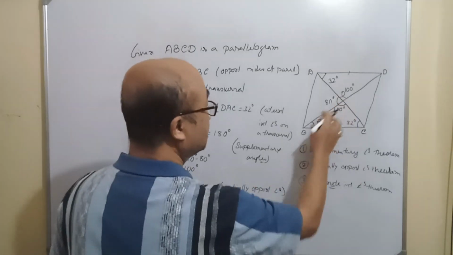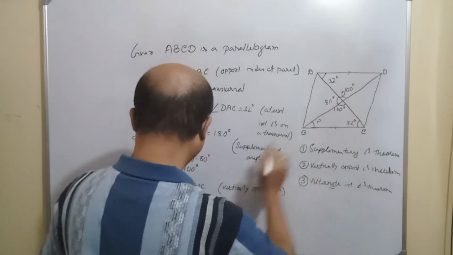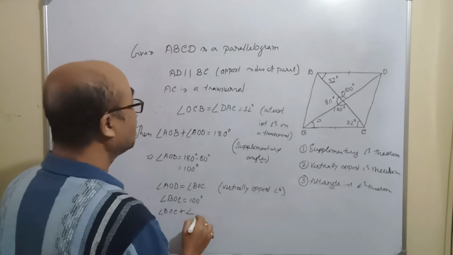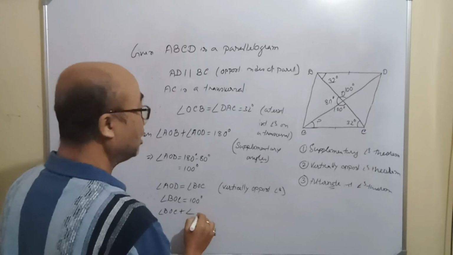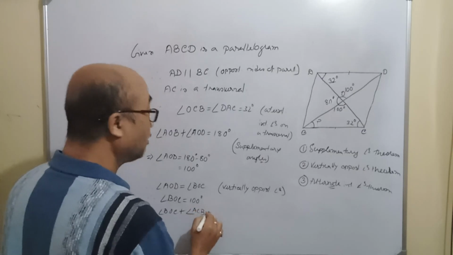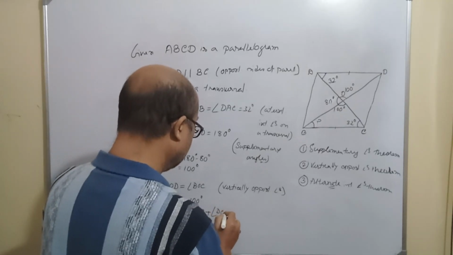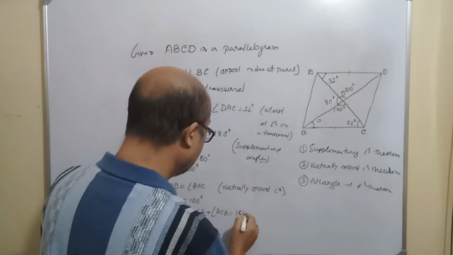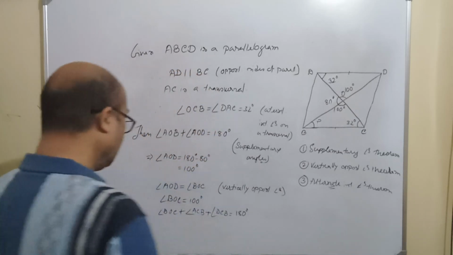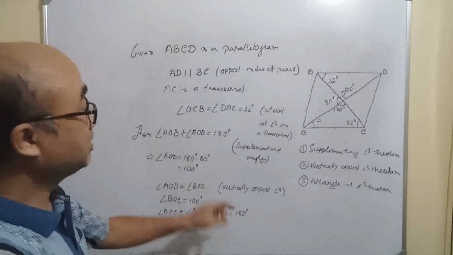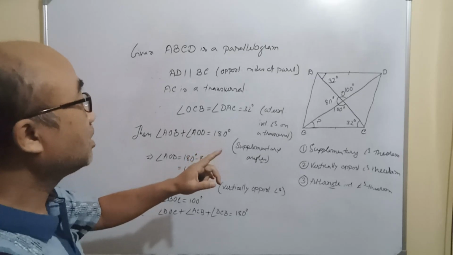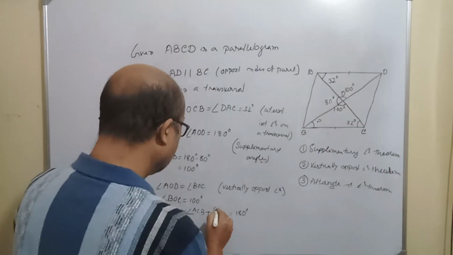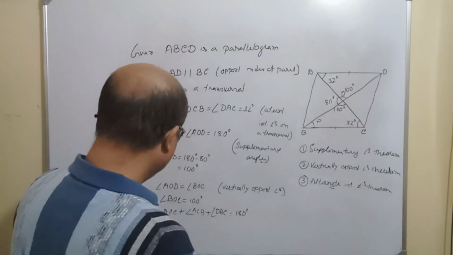Therefore, in this triangle, angle BOC plus angle ACB plus angle DBC is equal to 180 degrees.